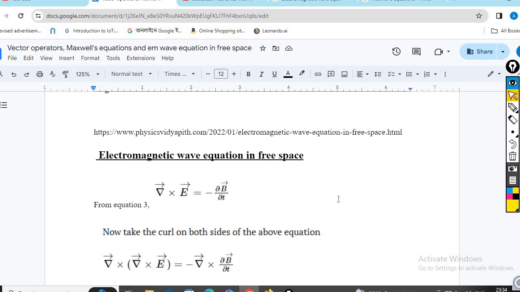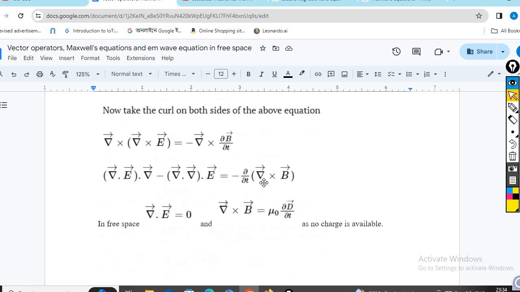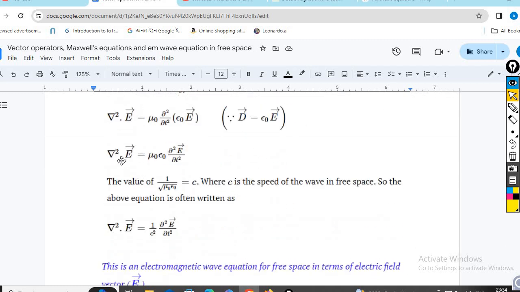Then we derived the electromagnetic wave equation for free space. Finally you have an expression with the second order space variation of the electric field and magnetic field on one side, and the second order time variation on the other side. From that one can conclude this is in the form of a wave equation, and also one can calculate the velocity.